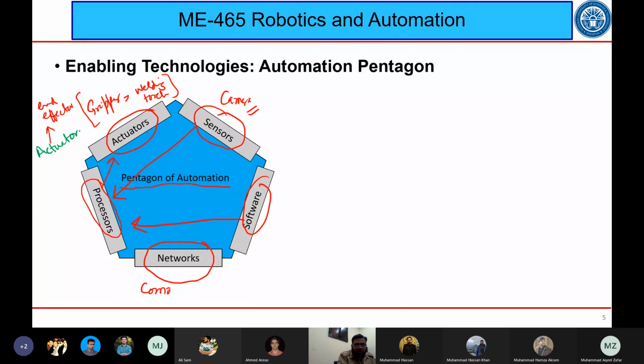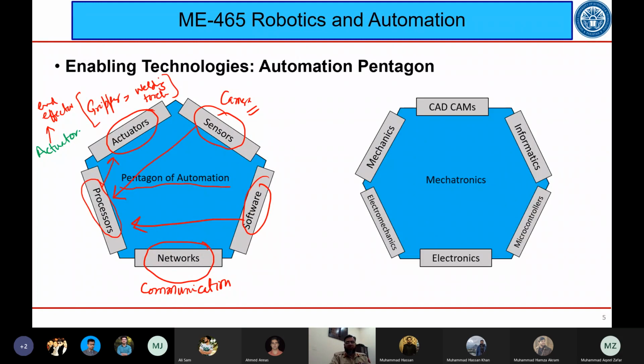So it is the communication of the sensor with the processor. Software is installed on the processor, and this is how the thing would look when we talk about the Pentagon of automation.